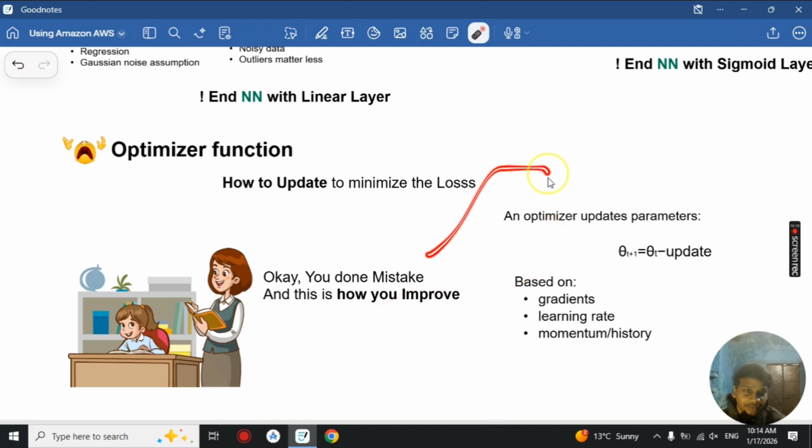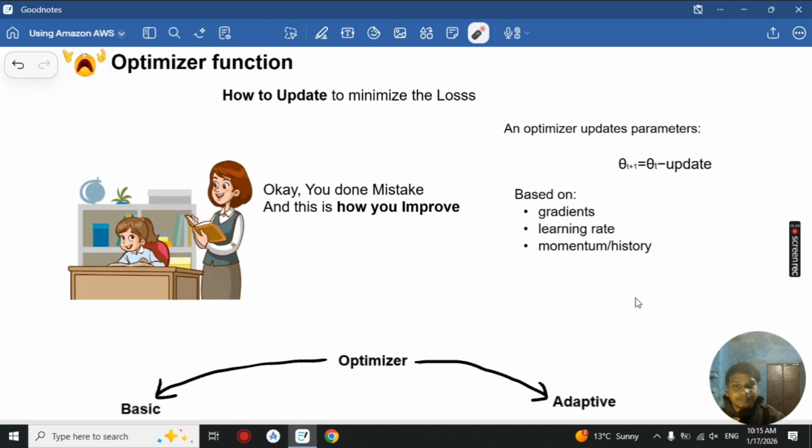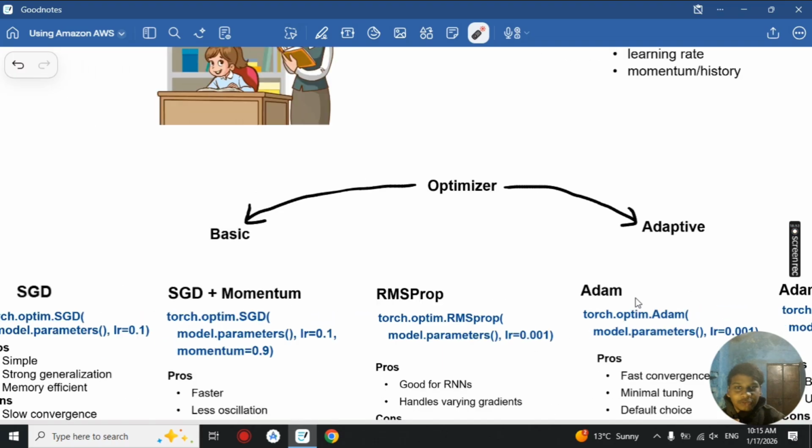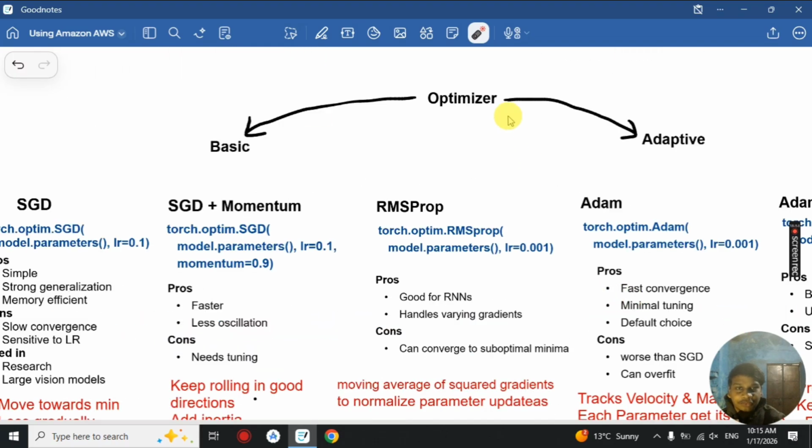The optimizer updates the value using this formula: θ(t+1), which is our next value, is equal to our previous value minus update. So this is how we update our parameter, and it is based on our gradients, learning rate or momentum.